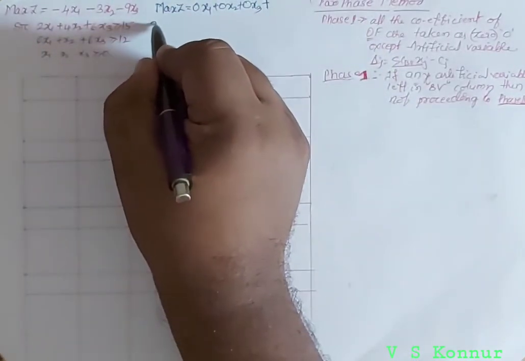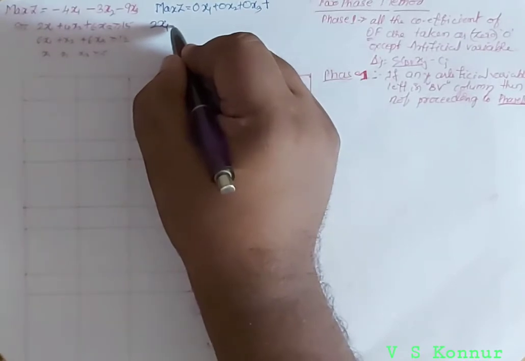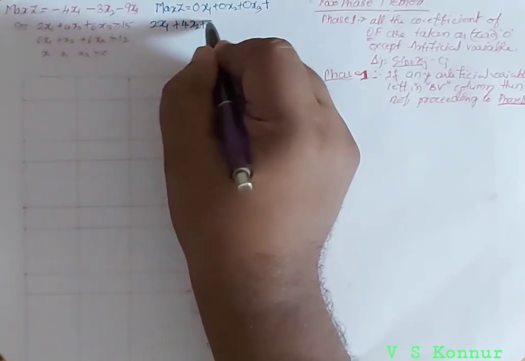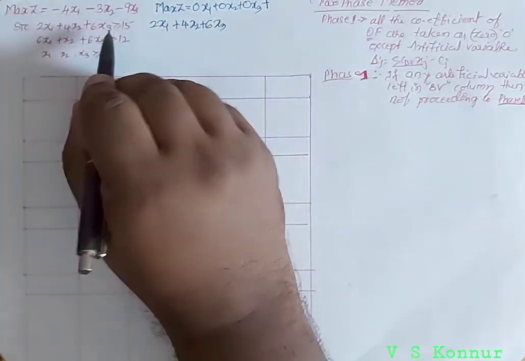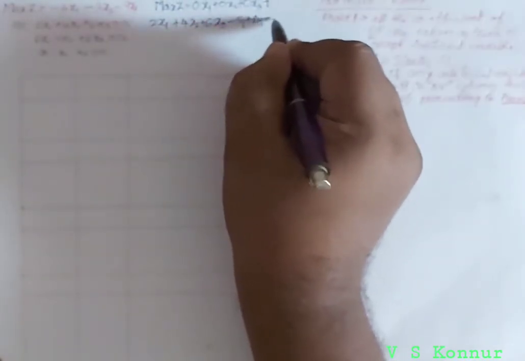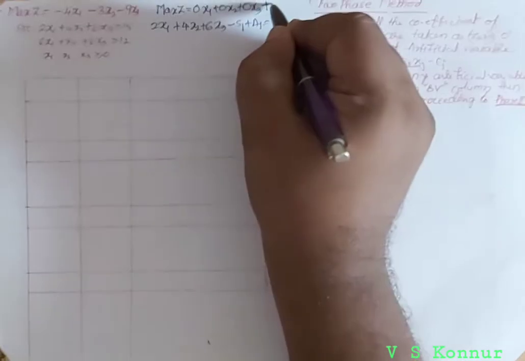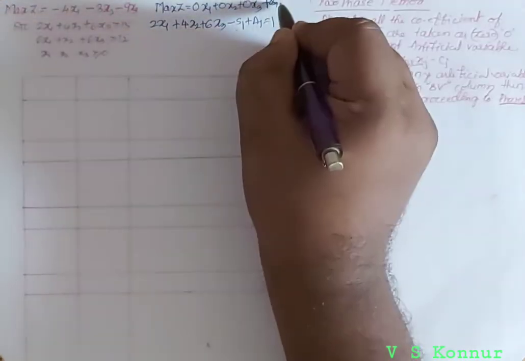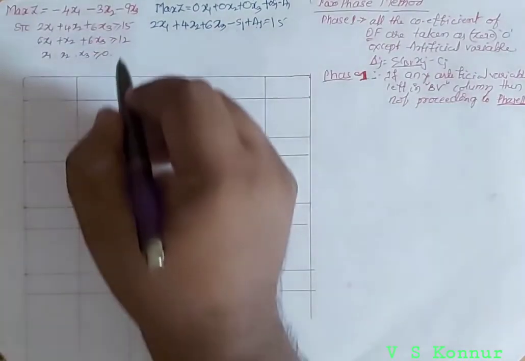Then the first constraint, 2x1 + 4x2 + 6x3 greater than or equal to sign is there. Because of that, minus s1 plus a1 is equal to 15. For minus s1 we have to add 0s1, plus a1, and for a1 we have to add minus 1 as the coefficient in the objective function.